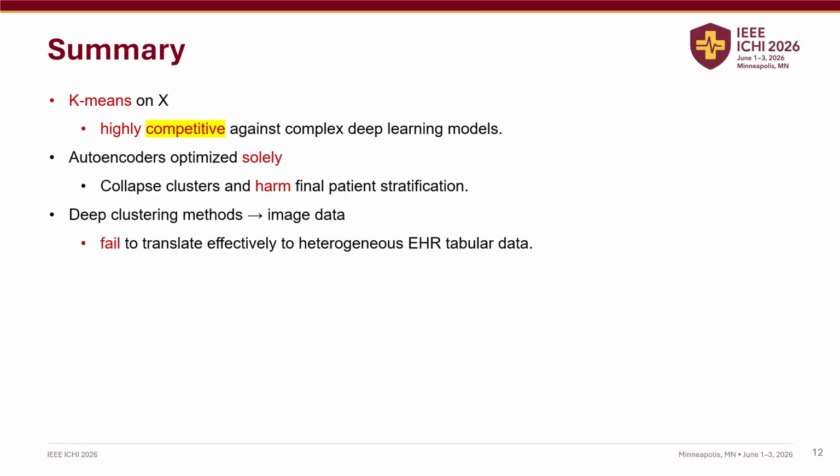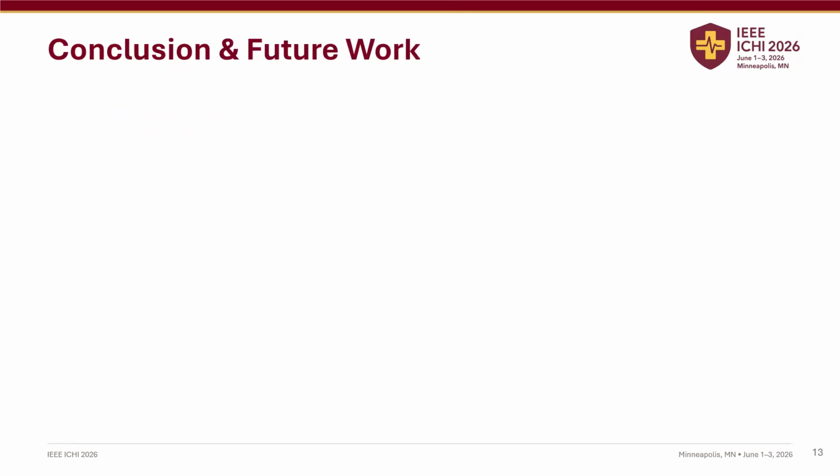Furthermore, we showed that out-of-the-box deep clustering methods fail on health records because they are inherently built for images, not for tabular data. Finally, our results scream the importance of a stratified analysis because clinical metrics vary widely by biological sex, so splitting cohorts by sex is important for accurate clustering.